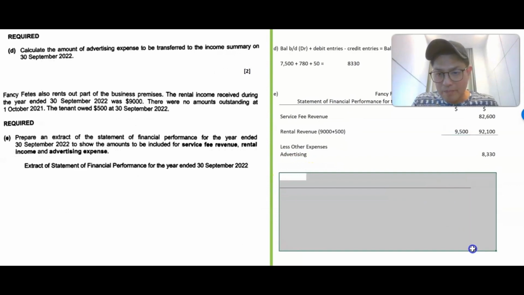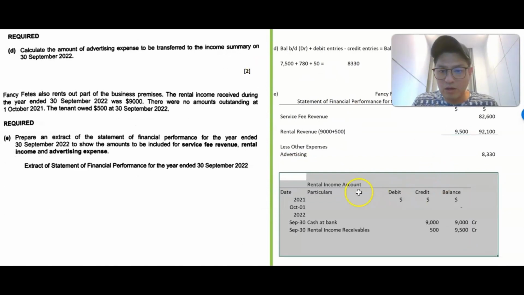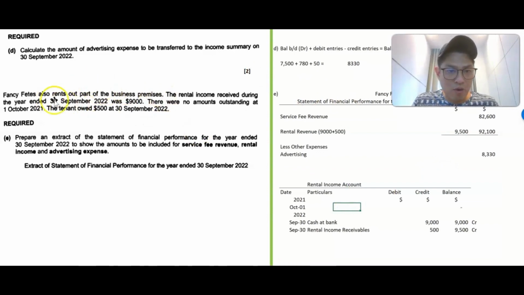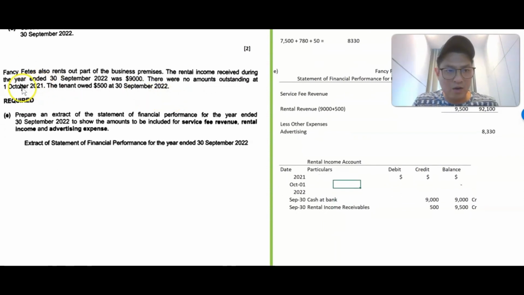To do that, I've also prepared a rental income account, just mirroring what these statements are telling us. In here, rental income received during the year was 9,000, and there was no amount outstanding at the beginning of the financial period, so the balance is 0.